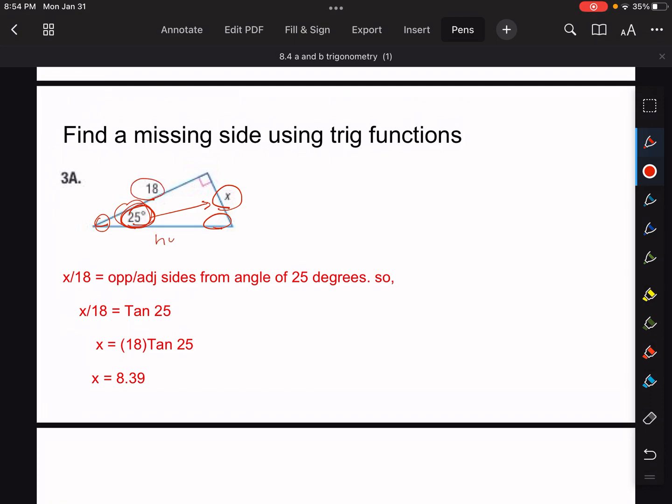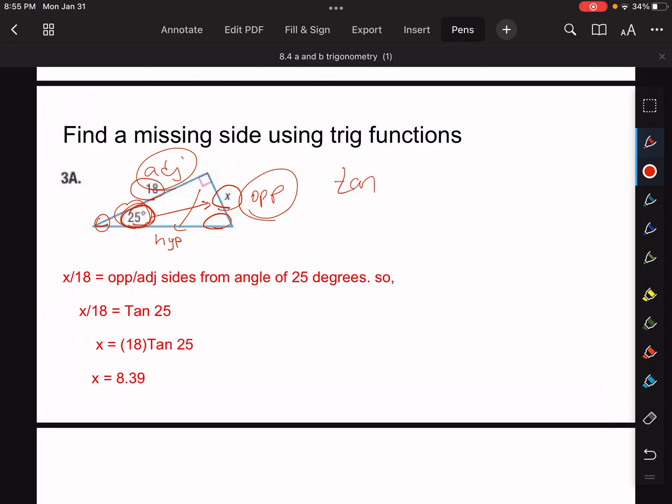This is the hypotenuse, and I would recommend, when you're first learning this, to always draw this out, like draw out where the hypotenuse is. From this perspective, this would be the opposite, this would be the adjacent. Okay, so if I'm looking for opposite and I know my adjacent, I'm going to use these two pieces. Well, if I'm using those two pieces, the trig function that deals with opposite and adjacent is the tangent.